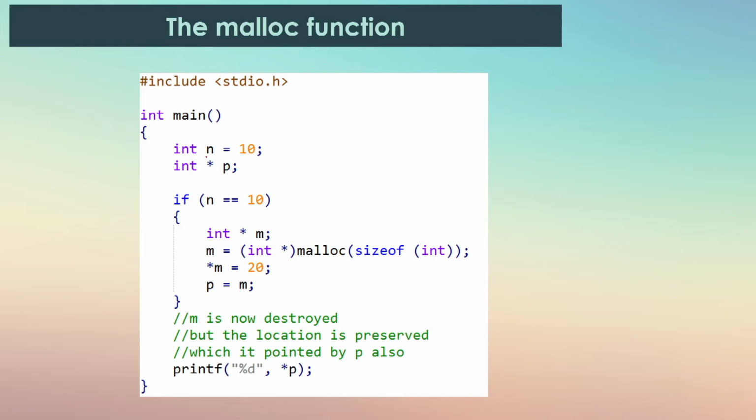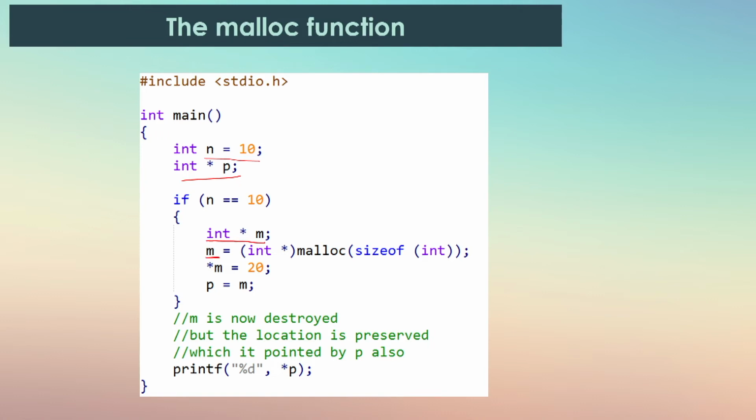Here you can see that there is a variable n declared and a pointer variable p declared. Inside the conditional statement, we are declaring a pointer m and the memory is allocated to m.